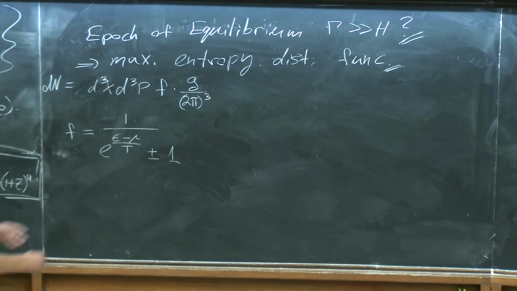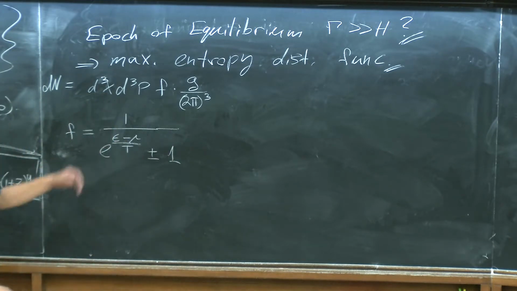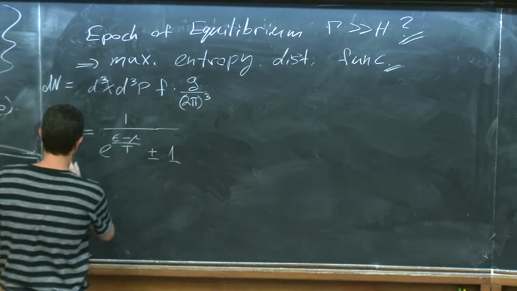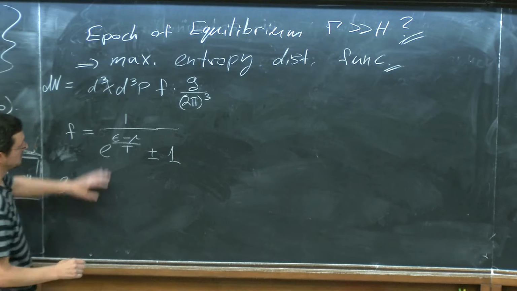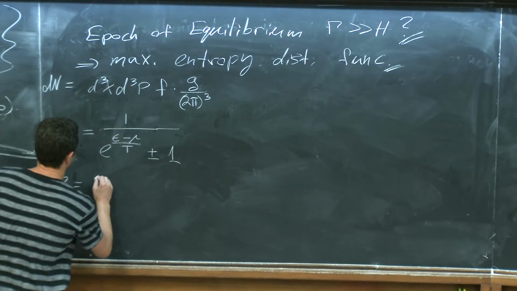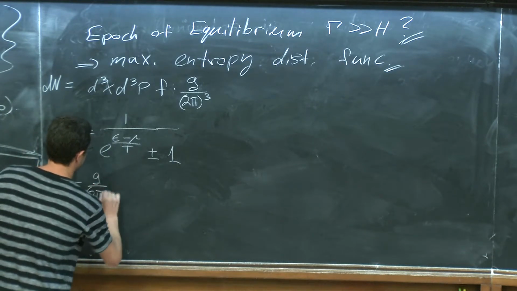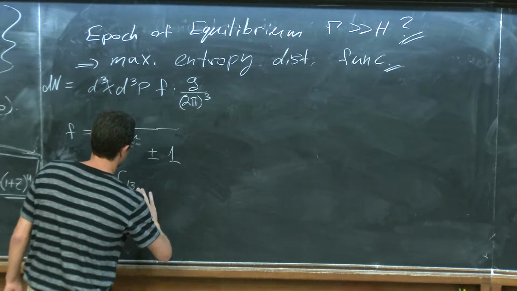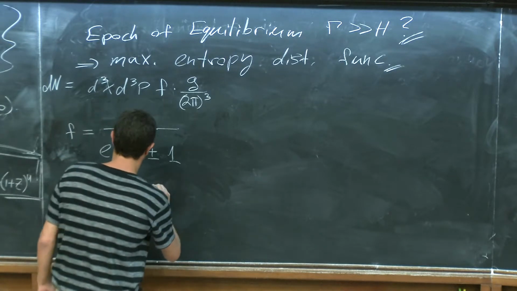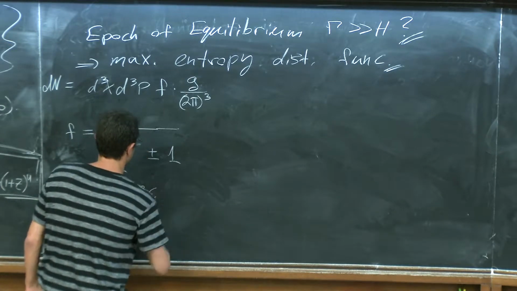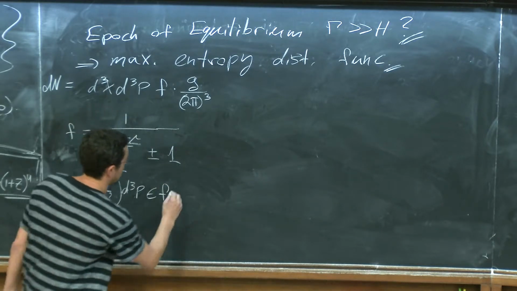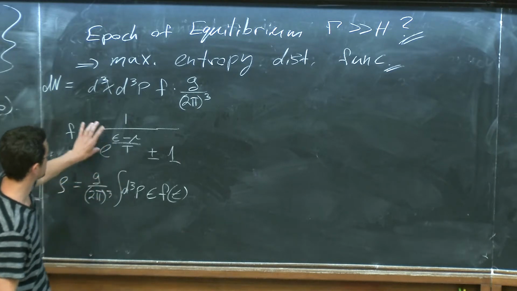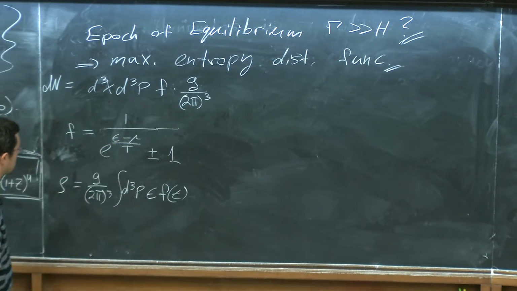Okay? And once we are in a maximum entropy distribution, we can compute immediately all thermodynamic quantities. So for example, the energy density of this gas of particles is g over 2 pi cubed times the integral over phase space of the energy of the particle times f of E. I'm assuming isotropy and homogeneity, so distribution functions are only a function of energy for a particle.